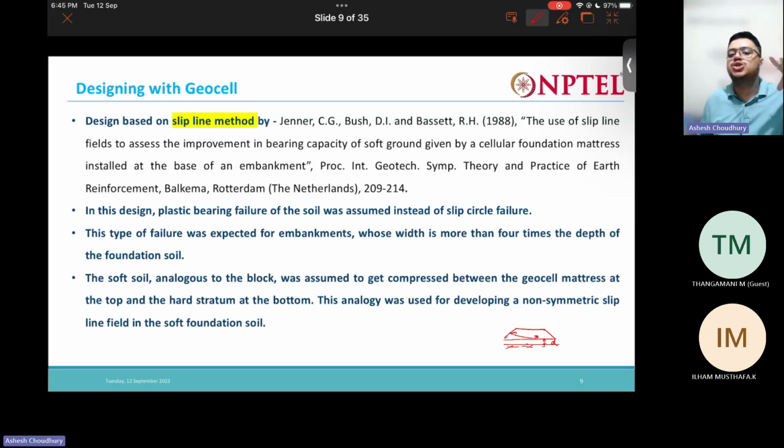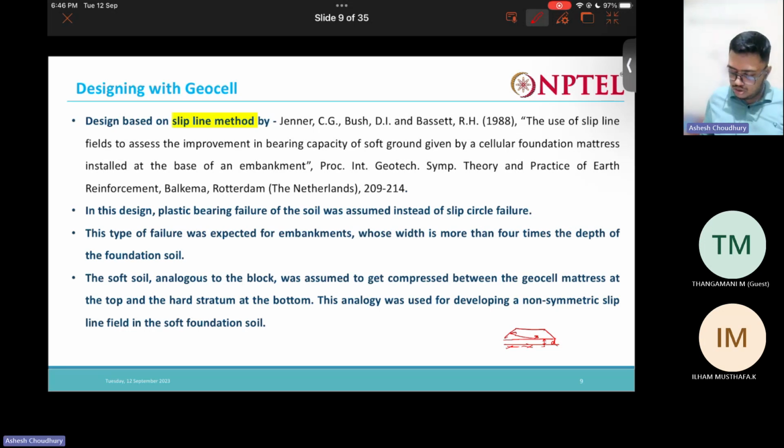So some researchers had actually given theories showing how to solve such problems where we have a soft stratum between two strong objects, like a soft metal between strong metal. Using that analogy, this non-symmetric slip line is constructed in this soft soil.